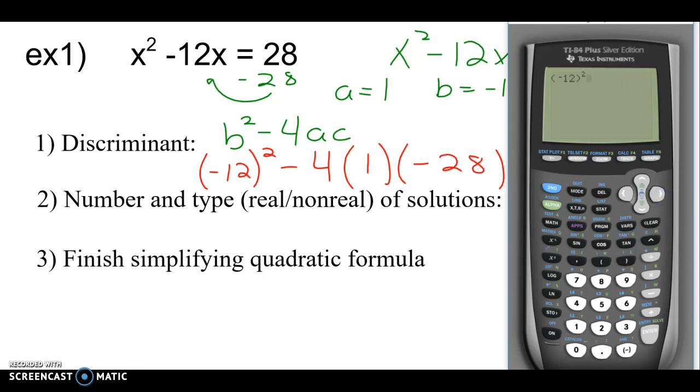And I really would just put it all in there. Okay, so then I do -4, and then parentheses, 1, parentheses, -28. And your calculator recognizes parentheses bumped up next to each other as multiplication. So then just hit enter, and that is your discriminant.